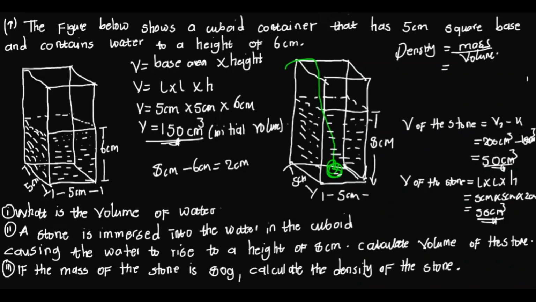Here the mass we have been given is 80 grams divided by the volume, which is 50. We are looking at the density of the stone. So 80 divided by 50 is 1.6 grams per cubic centimeter.